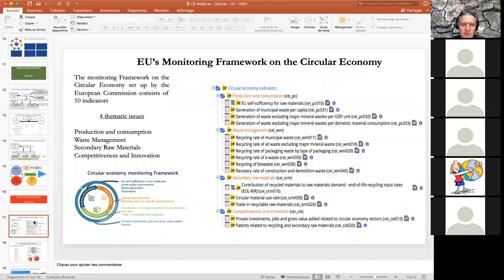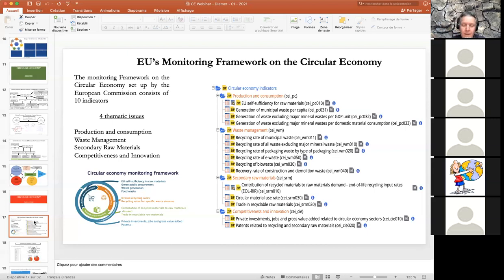If you take Europe as an example, you know that we try to monitor a kind of framework on the circular economy. In the design, we have 4 thematic issues: production and consumption, waste management, secondary raw materials, and competitiveness and innovation. And if you go to the database of Europe, you can find all the data connected to these 4 issues.